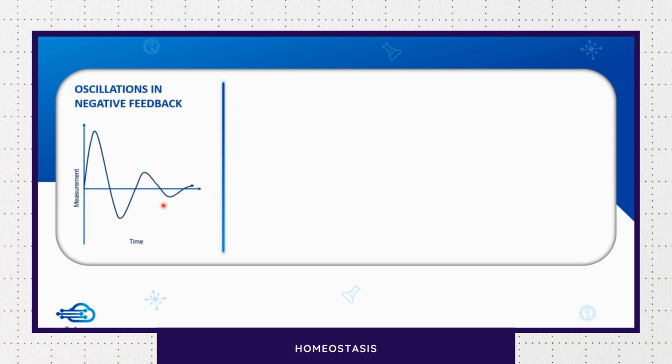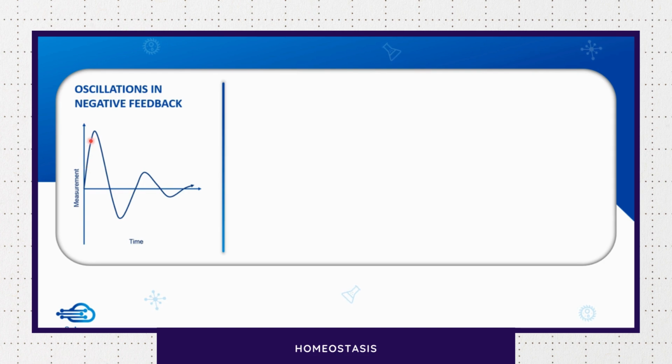What does it mean? Whenever there is a change in the value of the variable, which always happens, because of continuous disruptions by the activity of the cell and by the surroundings, there will always be some disruptions in the value of the variable. So, when this value reaches the control center, it takes some time to act.